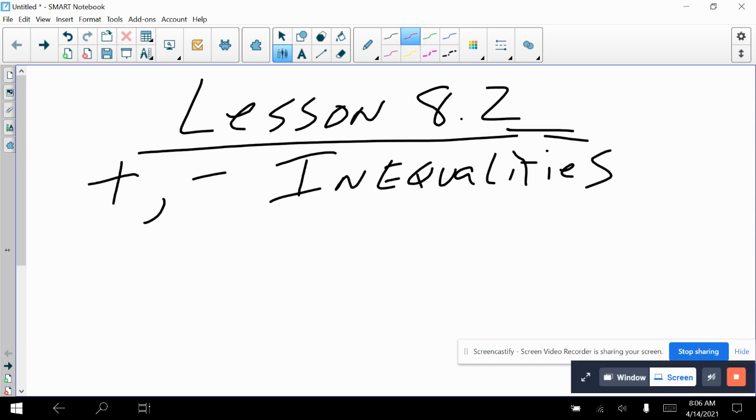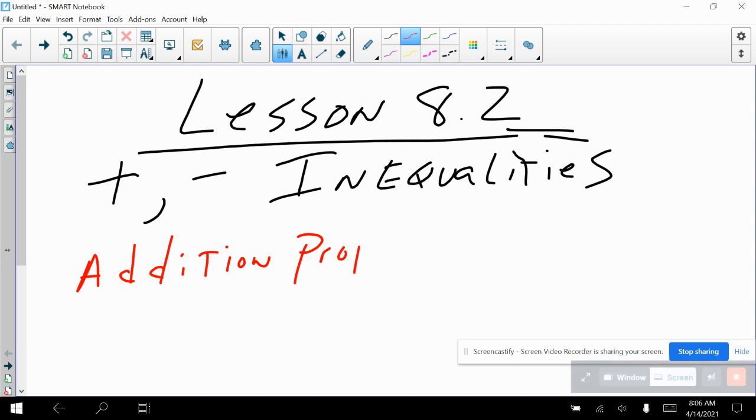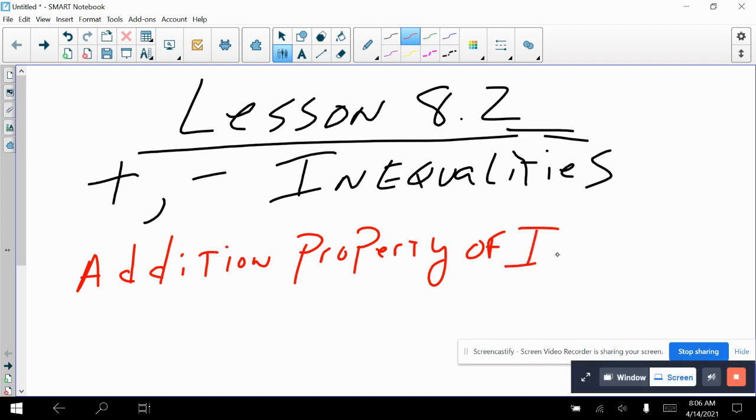Okay, anybody remember possibly the two properties that were in there? Brady, you remember? Okay, we had the addition property of equality, correct, in chapter 7. Now it's inequality.